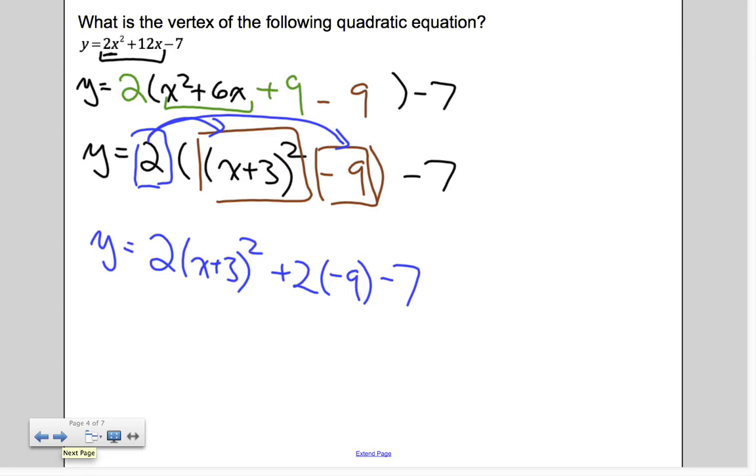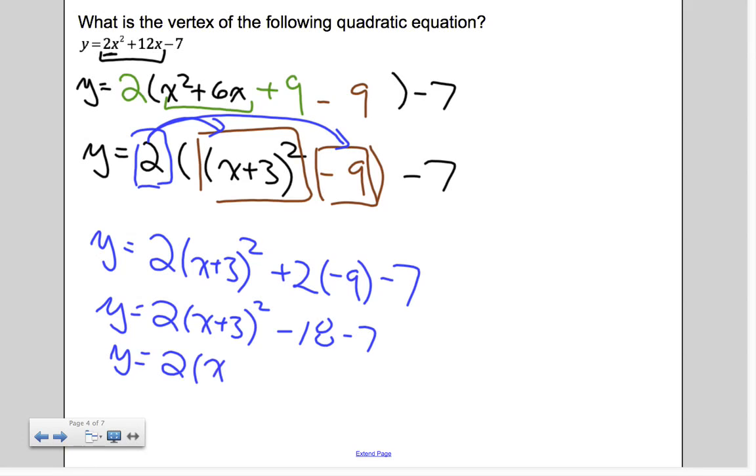So now we see why it was important to keep that negative 9 inside the bracket, or else we would have been off by a factor of 2. So now we simplify. We'll leave this part the same. Plus 2 times negative 9 is minus 18, minus 7, so I get y is equal to 2 times x plus 3 squared, minus 25.